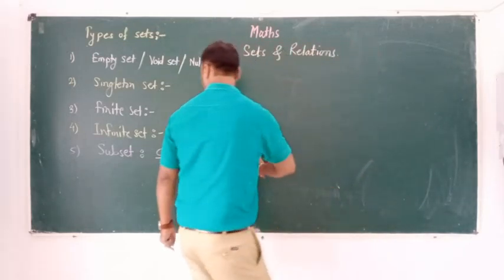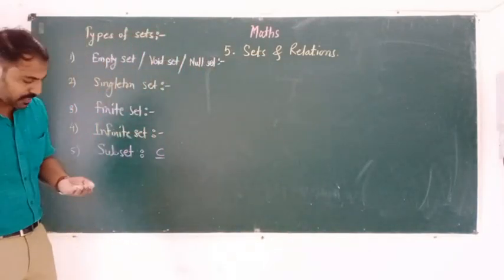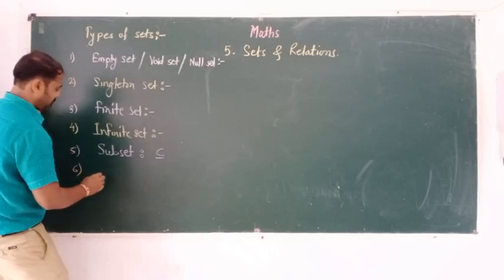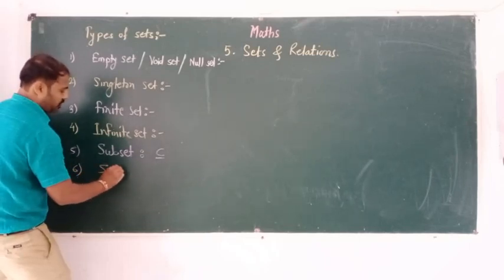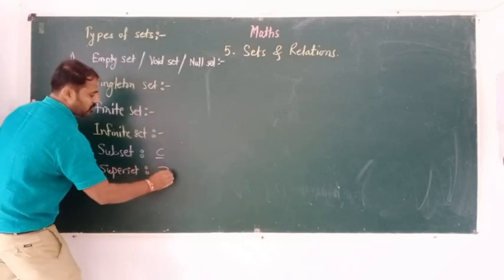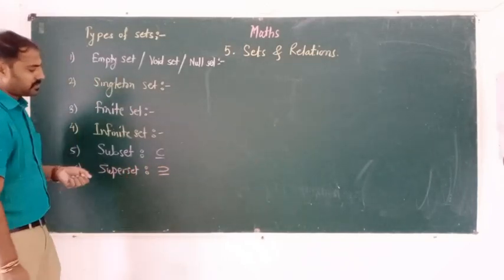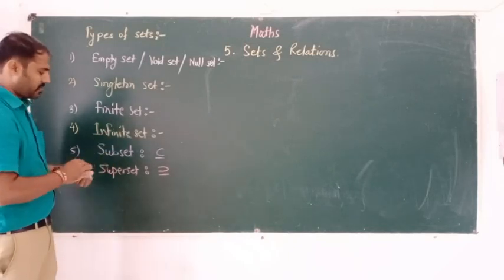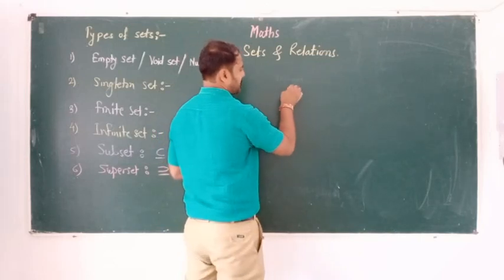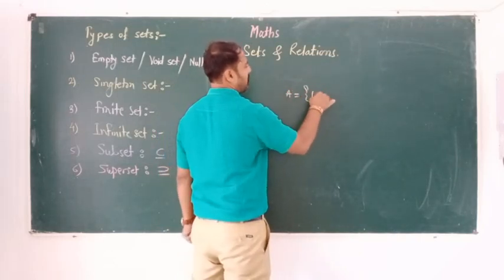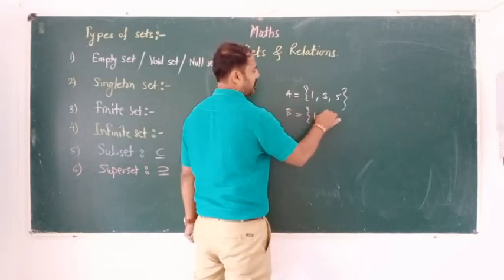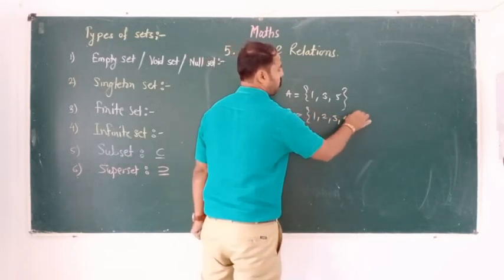Next, after subset, it's superset. Next type of set is superset. And the notation for superset is this one. Look at it. Clearly in the last example, A is equal to {1, 3, 5} and B is equal to {1, 2, 3, 4, 5}.